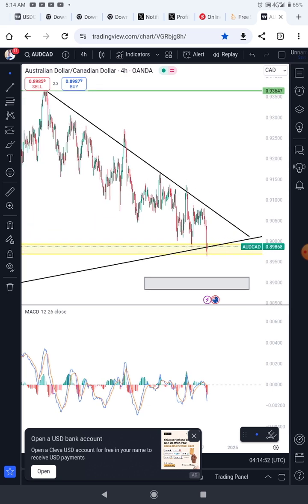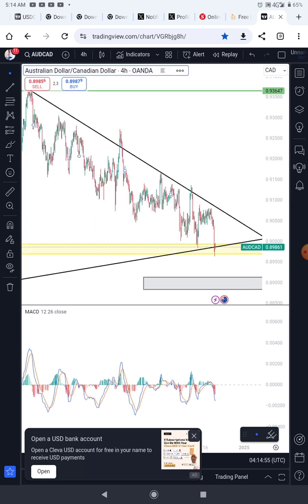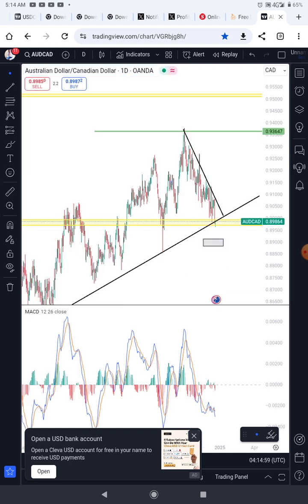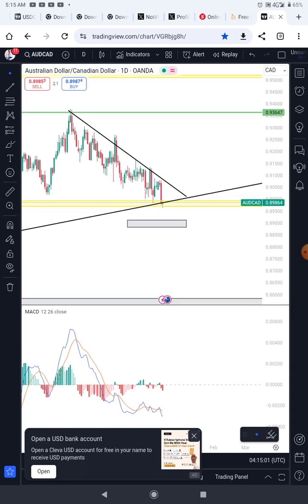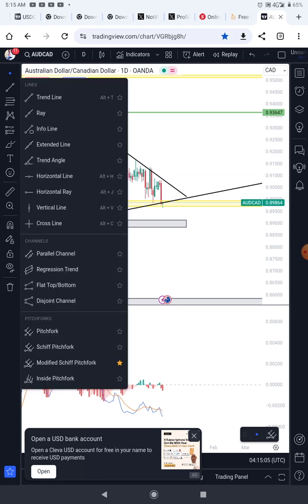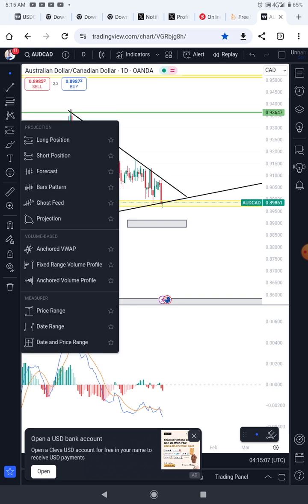Now, those of us that are conversant with Elliott wave, what I'm seeing here is simply a double zigzag. What do I mean by that? Take a look.